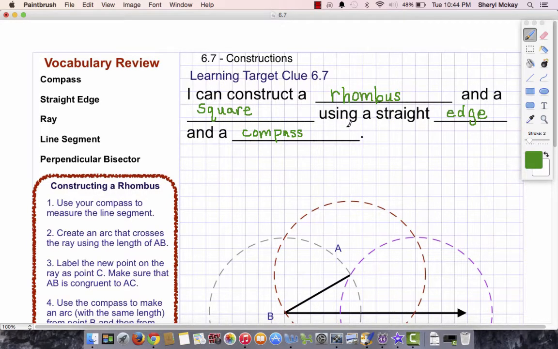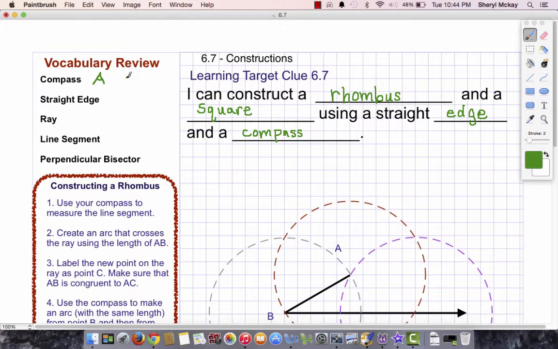Now let's just review some of our vocabulary. Let's remember what a compass is. Now remember, a compass is a tool that has two parts to it that are connected with a hinge. One part is a pin that's very sharp, okay? And the other part has a pencil attached to it that you can use for drawing. And what you do is you put your compass down and you put the pin into your paper, and it kind of holds it in place.